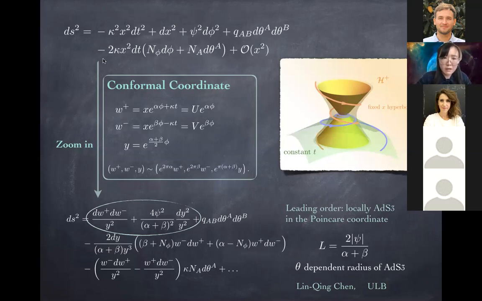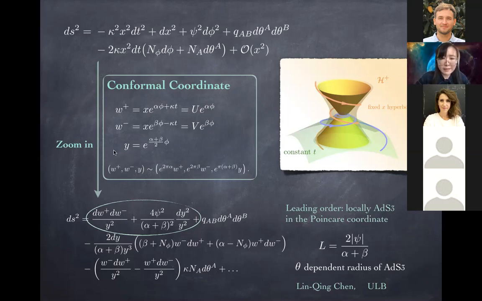It's actually in a very concise form that you can express the W plus, W minus and Y coordinates simply as this classical coordinate times a phase. And this phase, in my view, functions like a lens to zoom in on this near horizon region, like the exponential of phi.